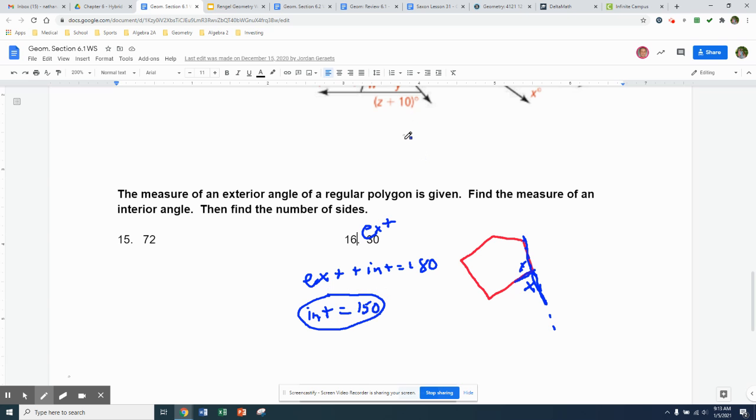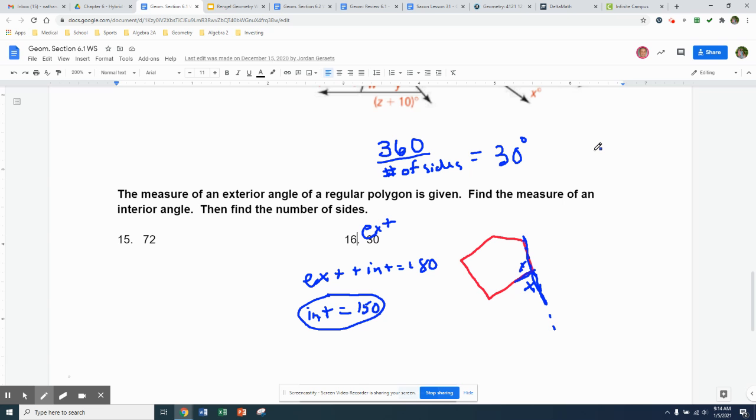Now the next thing is that the exterior angles are always going to add up to 360 degrees. So 360 degrees divided by your number of sides is always going to equal whatever that exterior angle is. So here we have 360 divided by something needs to equal 30, because that's the measure of our exterior angle.